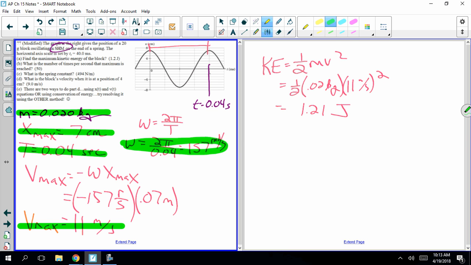Okay, what do you got? Maybe a ratio of times per period by the period. Yeah, it basically boils down to dimensional analysis. So the question is this: in one period, how many times will the thing hit maximum velocity?